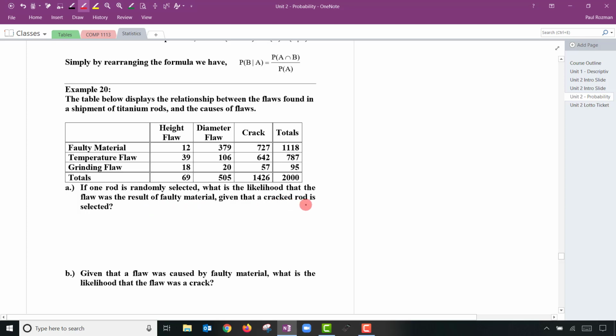So we're not just picking one up and saying, what's the probability of a flaw? We're picking one up and saying, we picked it up and we saw a crack. Now, was the material faulty? So what's the probability of faulty material given that we see a crack?